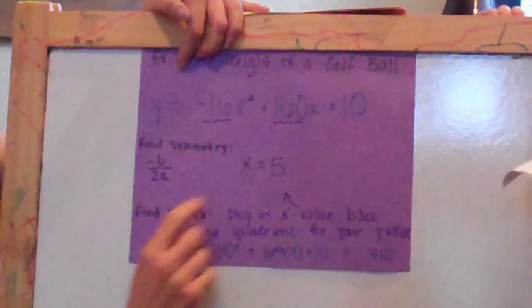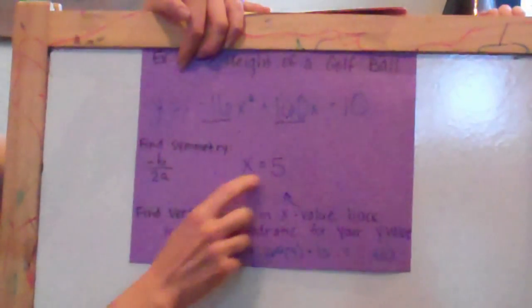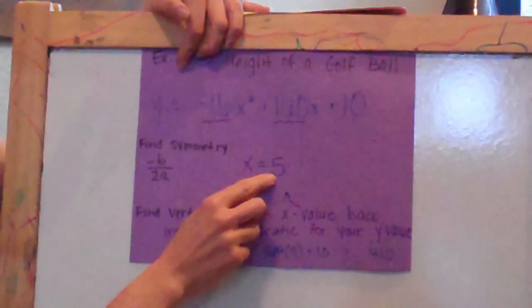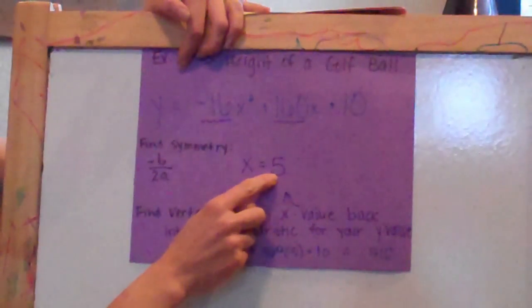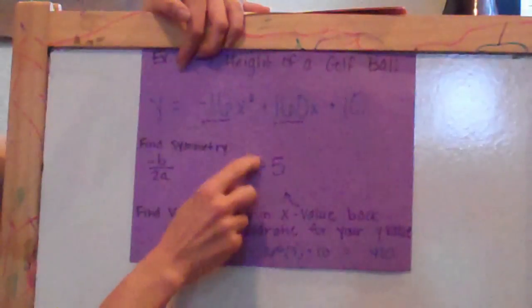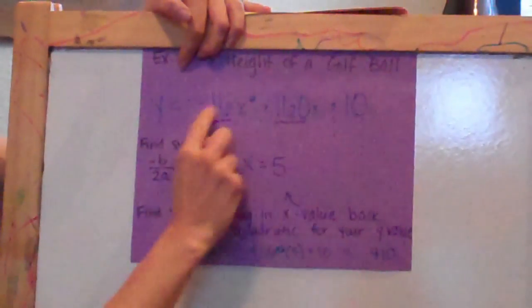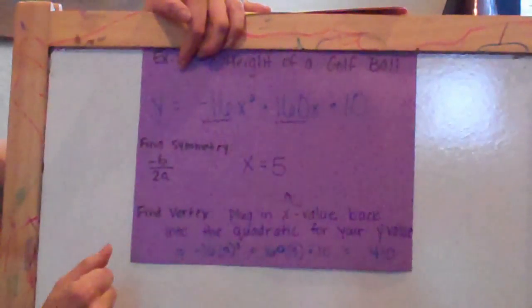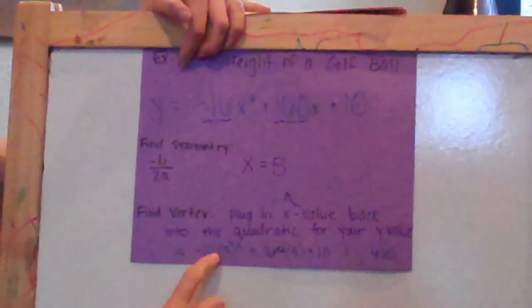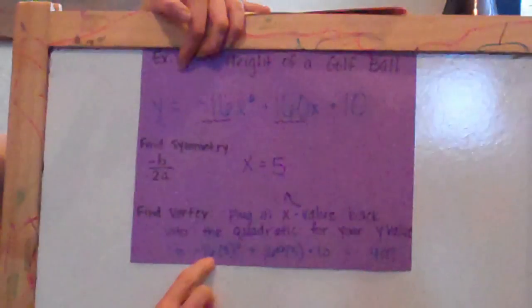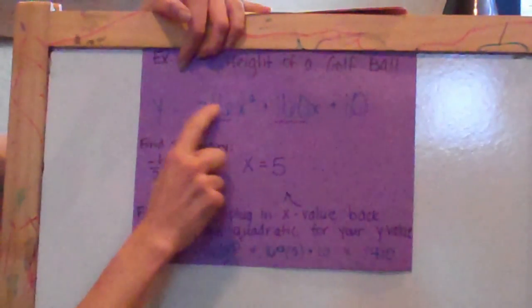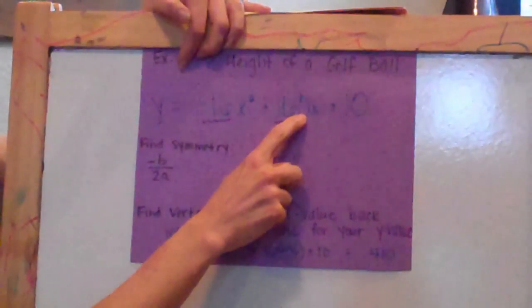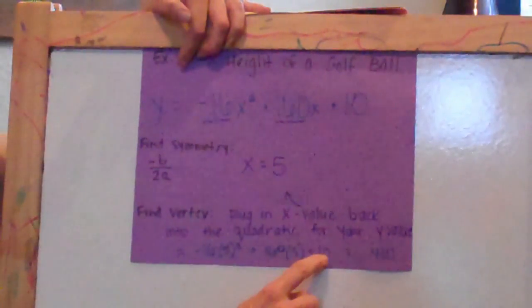Okay, and it also wants to know your vertex. So I had to have this part, which is the x value in your vertex, and we need to have our y. So I just have to plug this number back into this equation, and I'll get my y value. That x and that y value together will equal your vertex. So right here, if you can see it, I put in negative 16 times my 5 squared plus my 160 times 5 plus 10.